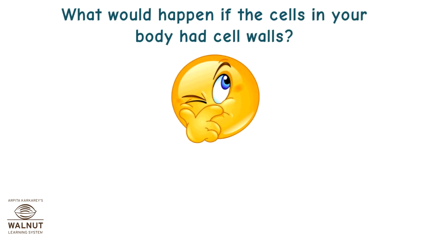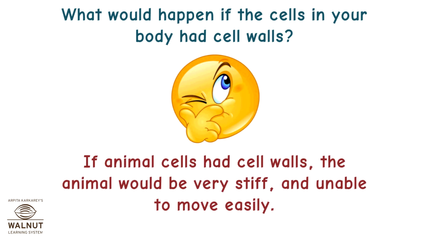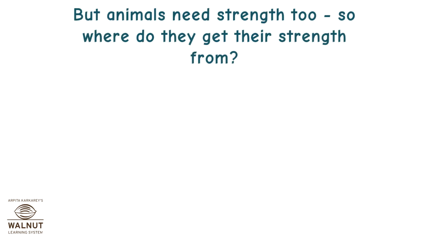What would happen if the cells in your body had cell walls? If animal cells had cell walls, the animal would be very stiff and unable to move easily. But animals need strength too. So where do they get their strength from?